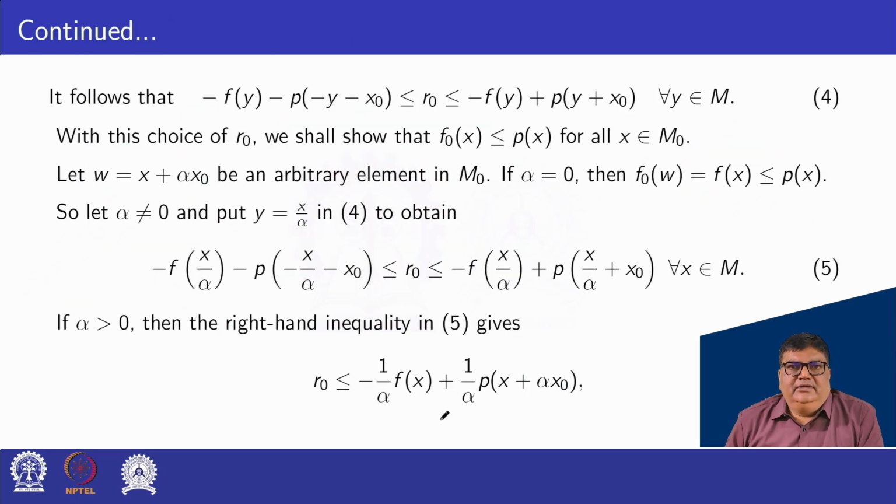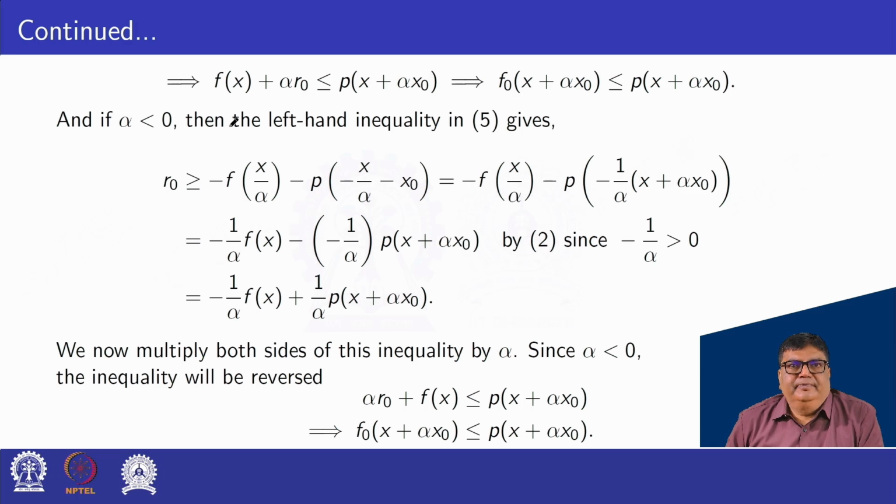This implies, by cross multiplication by alpha, alpha R0 is less than or equal to minus f of x plus p of x plus alpha x0. Okay, so this can be written as f of x plus alpha R0 less than or equal to p of x plus alpha x0.